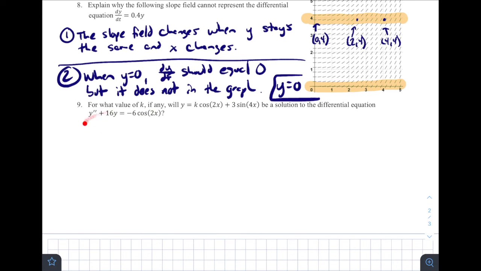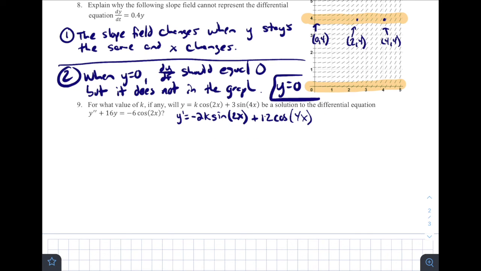So I notice that this equation has a y double prime in it. So my first step here is I want to take the first and second derivative. So y prime is going to equal, if we take that derivative, negative 2k sine of 2x plus 12 cosine of 4x. So using a little bit of chain rule on each of these as I'm taking that derivative.